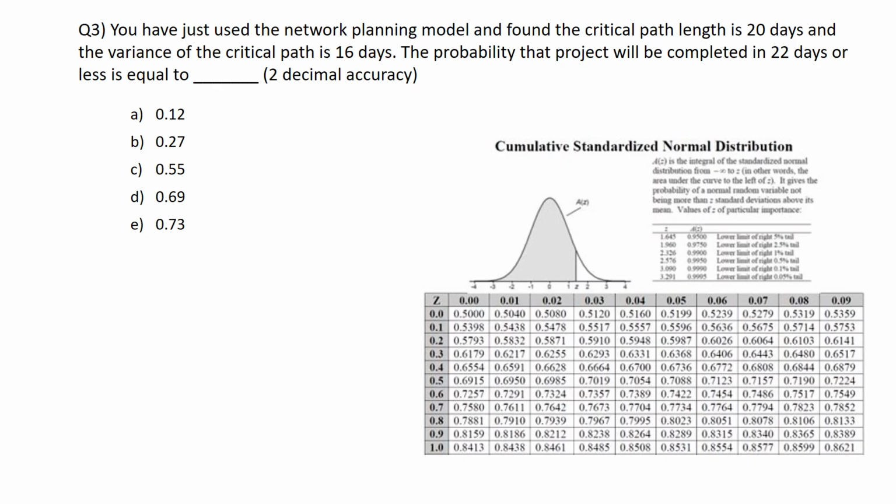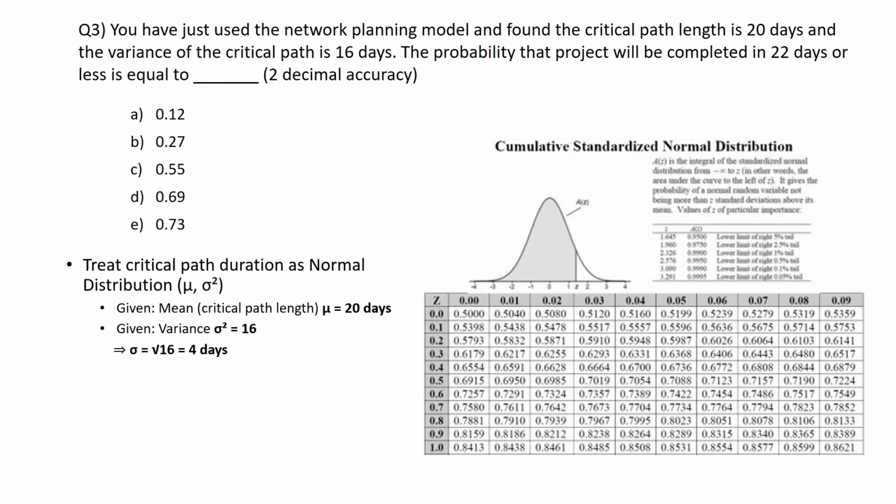Next, question 3. You have just used the network planning model and found the critical path length is 20 days and the variance of the critical path is 16 days. The probability that project will be completed in 22 days or less is equal to, to 2 decimal accuracy. So here we need to treat the critical path duration as normal distribution.